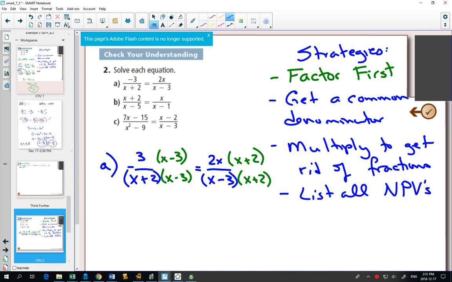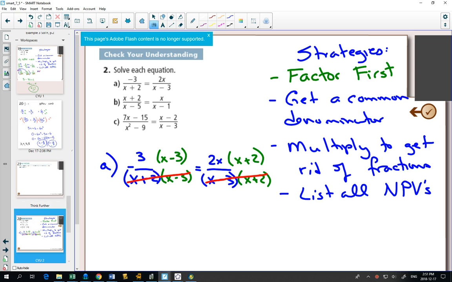At this point, we have our common denominator. We need to multiply to get rid of our fractions. What are we going to multiply by? We're going to multiply both sides by x plus 2 and x minus 3. As a result, can you see that this and this would simplify on both sides?